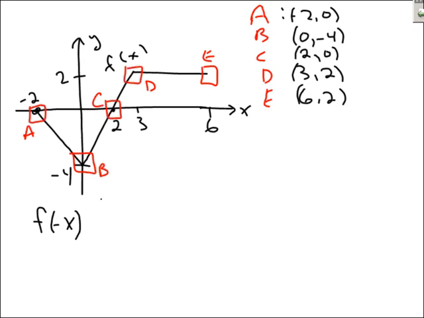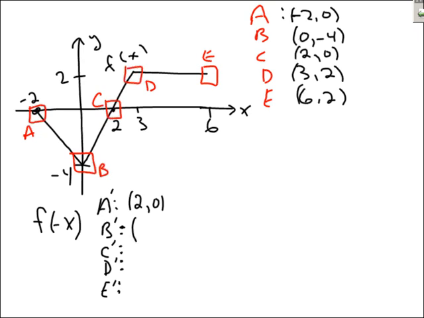All I do is I take those same points, and I change the sign of the x value. We'll call them primes. A prime, B prime. Because it's no longer point A, and it's no longer point B, and it's no longer point C. So let's not label them A, B, C, D, and E. Point A is negative 2, 0. So I change the sign.